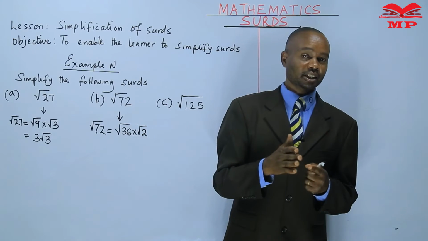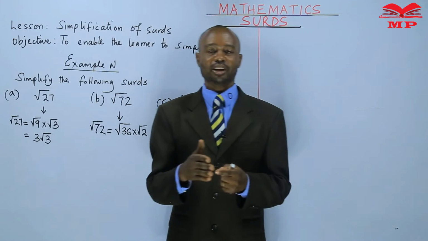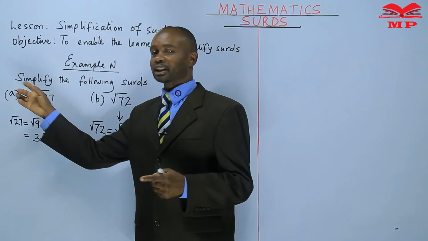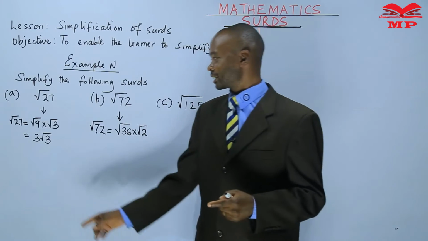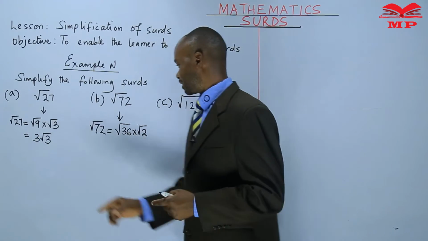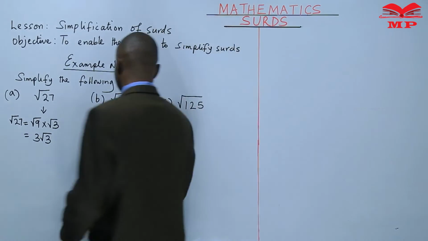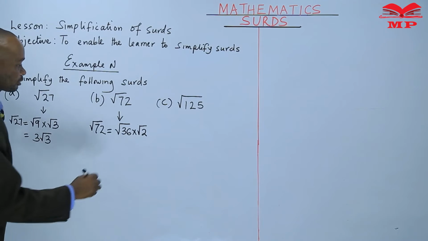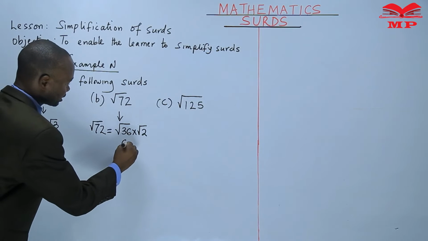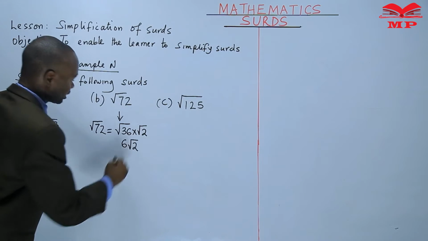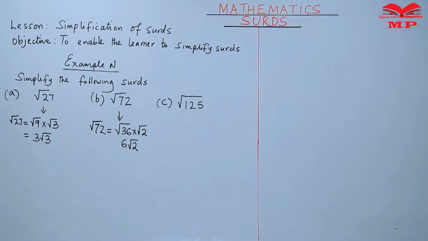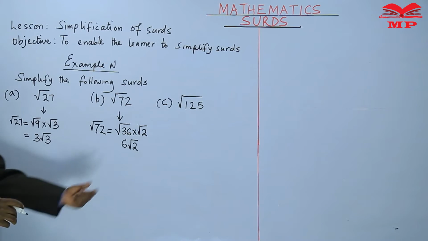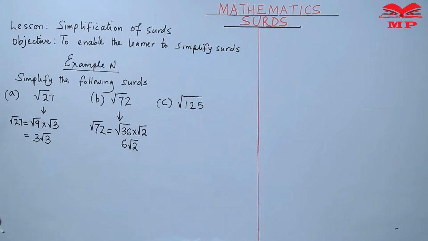So in most cases you are taking out a number that has a perfect root outside the root sign. For our case here, 36 has a perfect root. Square root of 36 is 6, learner. So the simplified form of that surd is 6 square root of 2.